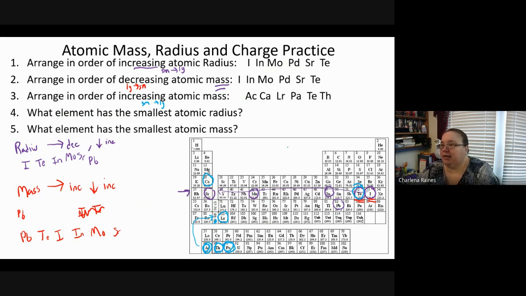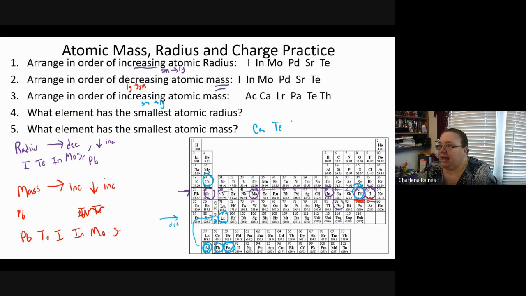So my smallest is definitely calcium because it only has 4 energy levels, followed by tellurium with its 5 energy levels. But now we're going to the next 4, which are all in the same period. So as I go across, we decrease.